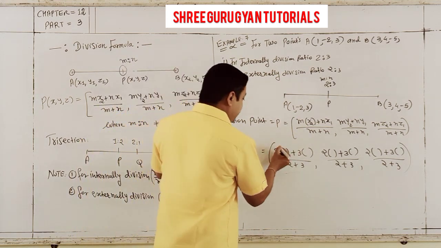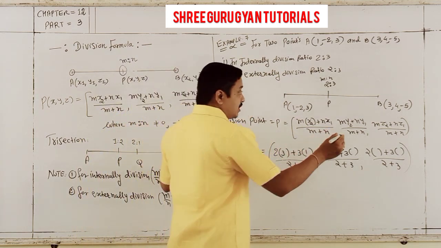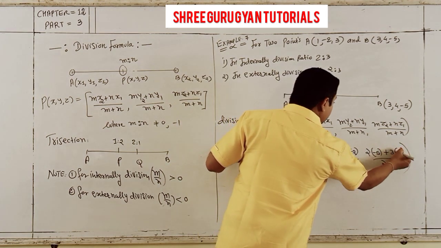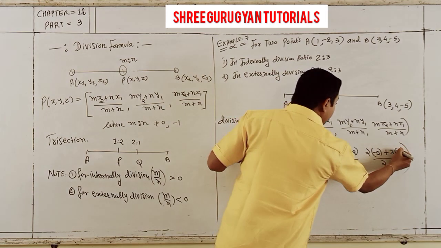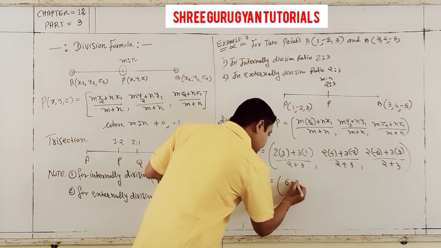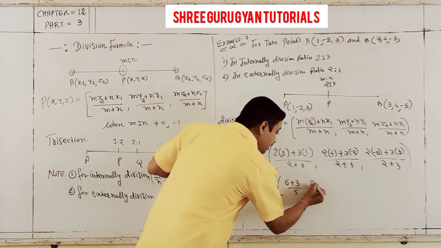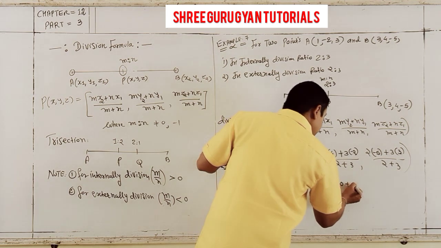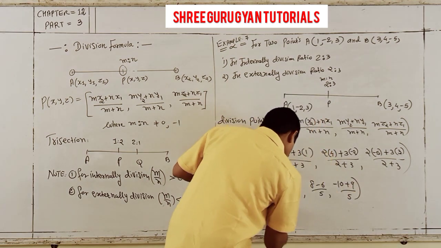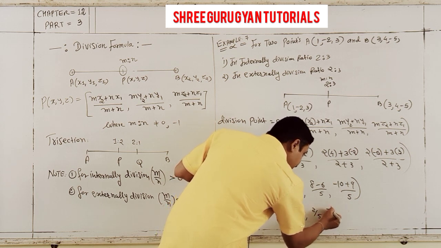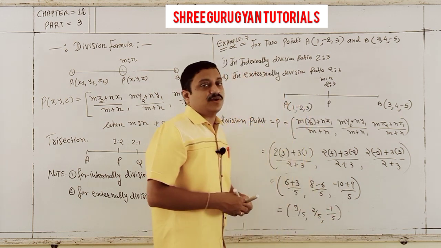So x2 is 3, x1 is 1, next 4 minus minus 2, and last minus 5 minus 3. My answer is 6 plus 3 by 5, next 8 minus 6 by 5, and last minus 10 plus 9 by 5. So your answer is 9 by 5, 2 by 5, and minus 1 by 5.